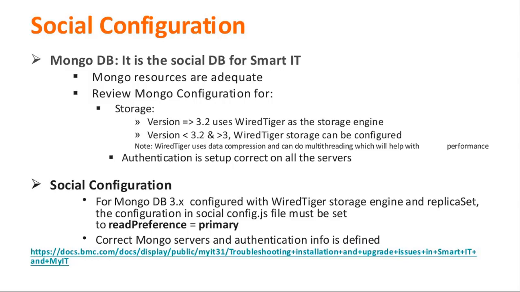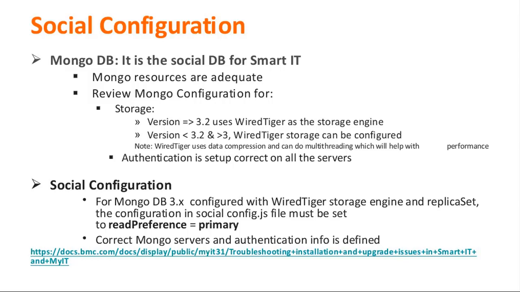There's also social configuration for Mongo database 3.x, if it is set up with the WiredTiger storage engine and replica set. A replica set is basically a server group type of environment for Mongo.